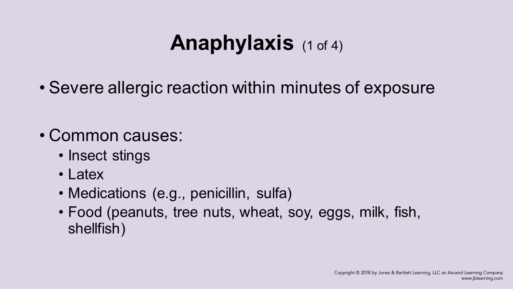The most common causes that we see in medicine are those from insect stings, including bees and wasps, exposure to things like latex, medications, either known or unknown medication allergies, the most common ones being the penicillin family and sulfonamides as well. And then food allergies are a big player as well, the most common ones being peanuts, tree nuts, wheat, soy, eggs, milk, fish, and shellfish. Those are the big 8.